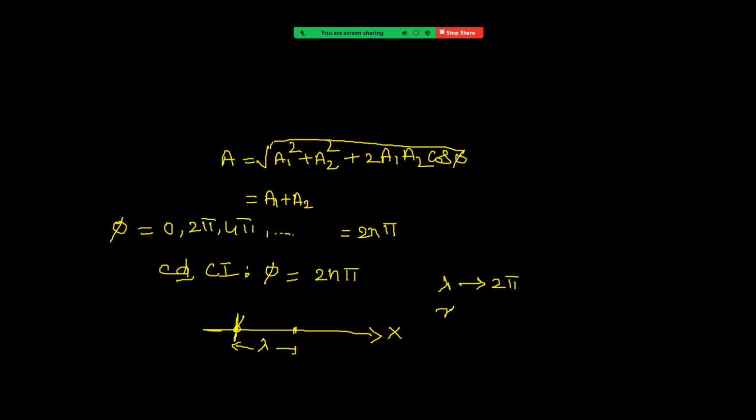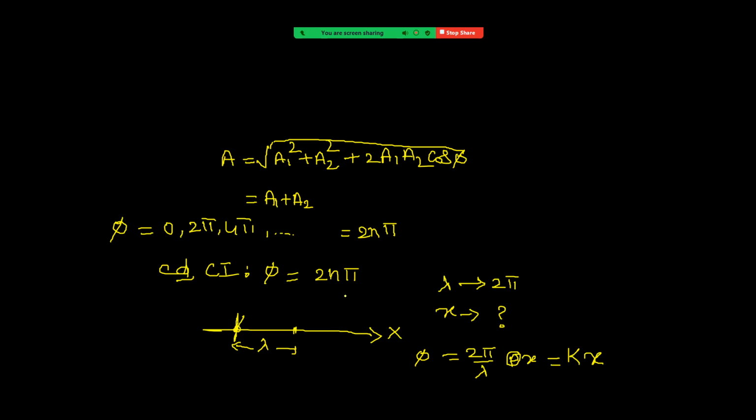If the distance is x, what is the corresponding phase? The corresponding phase difference equals 2 pi by lambda into the path difference, here x. That is 2 pi by lambda into x, which we write as kx.